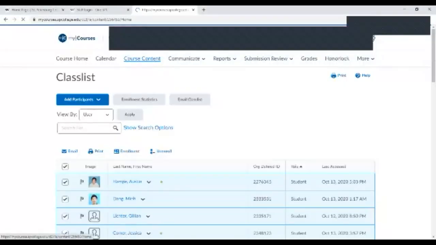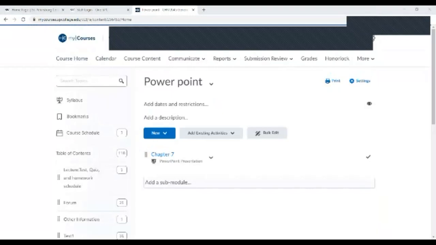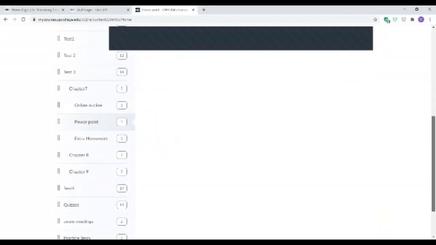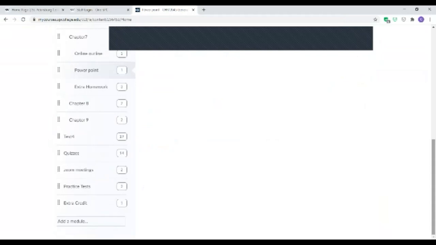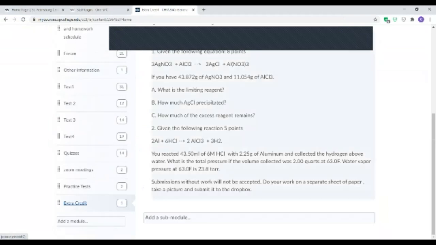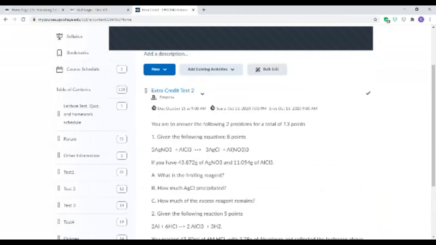If you go down to Dropbox, do you see extra credit at the bottom? Yeah, but it's not open. It starts today at 7. Okay, that was why.